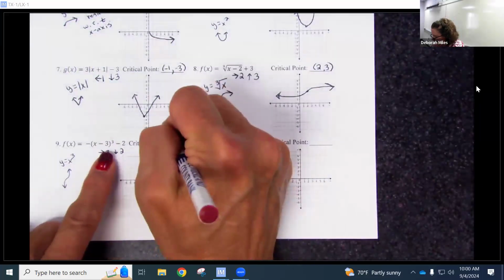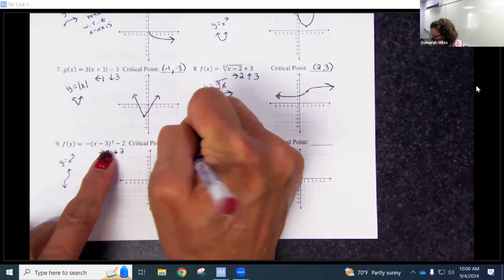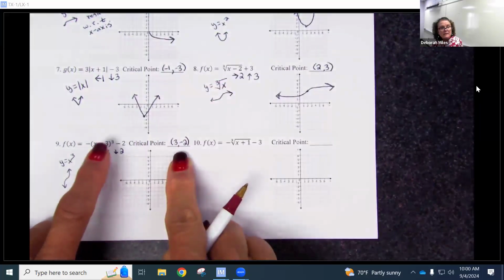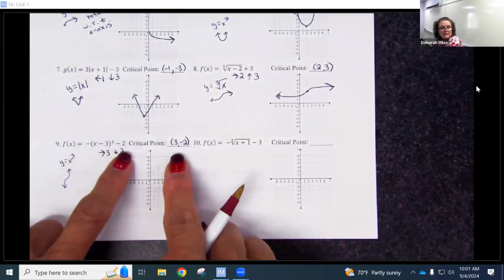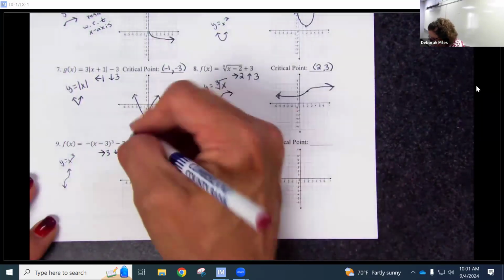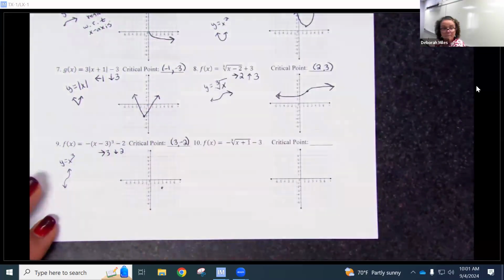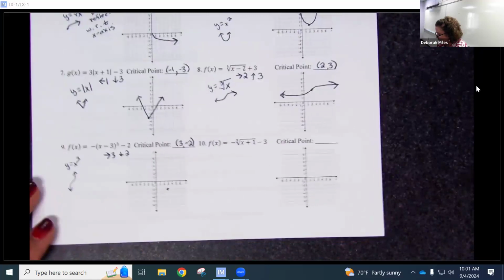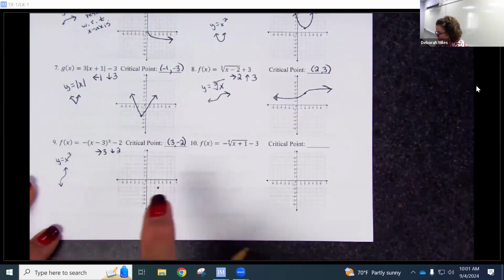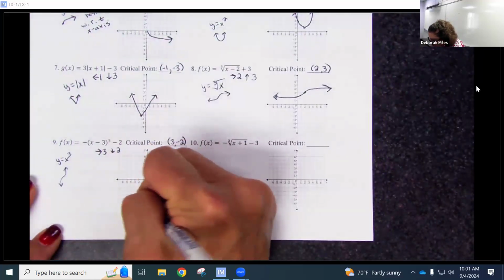So my critical point is 3, -2. Opposite the guy inside the parentheses, and then the guy added or subtracted on the end. 3, -2. And the vertical snake has that at its belly button.